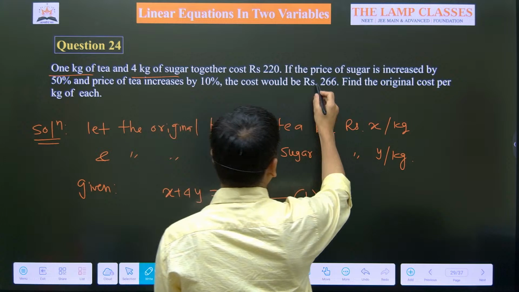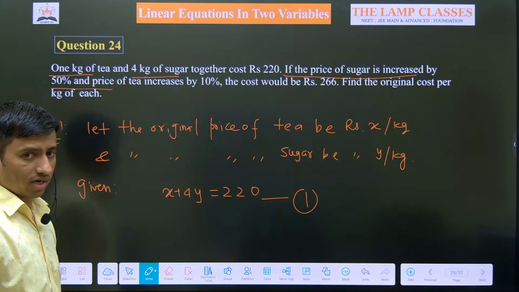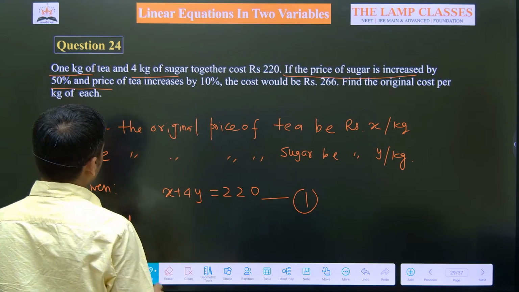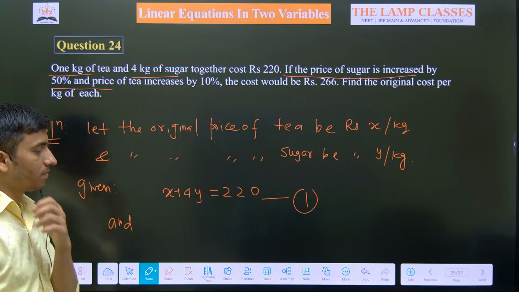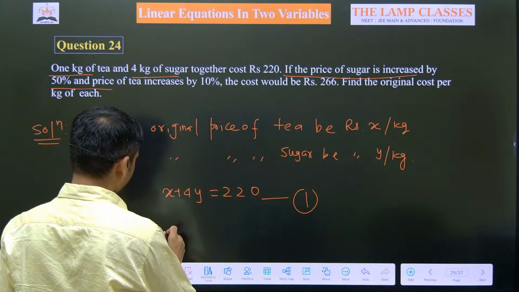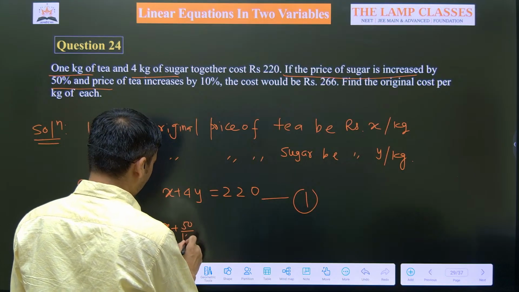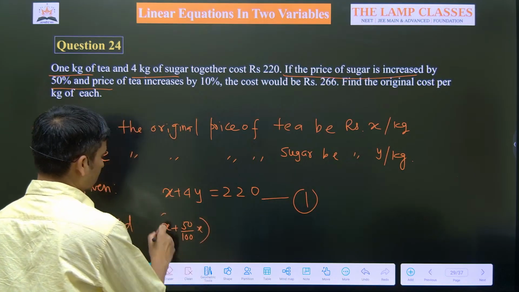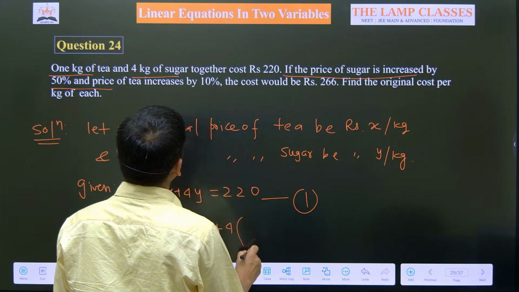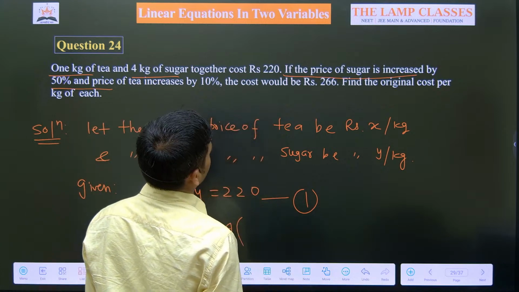And what are they doing after that? If the price of the sugar is increased by 50%, right? So what will be the new equation? The price of the sugar now, it's no more y, it is a 50% increase, right? So how do we check the 50% increase? Is x plus 50 upon 100 into x, right? This is the new cost of the tea, plus 4 times per kg cost of the sugar.